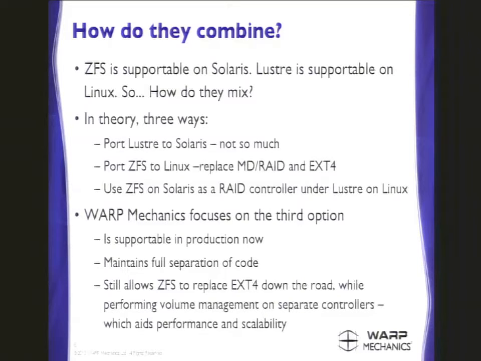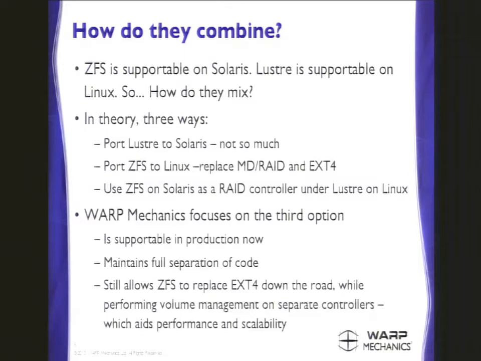That's what we did. We essentially put ZFS RAID on a physically separate CPU-based RAID controller, hooked it up using RDMA to the object storage server. So you get RDMA performance, direct connect RDMA performance from a pure Lustre on Linux to a pure ZFS on Solaris.